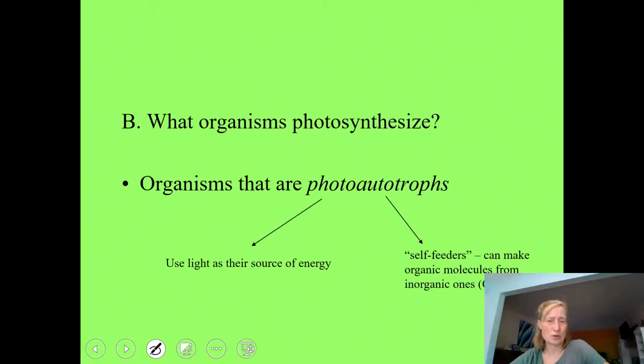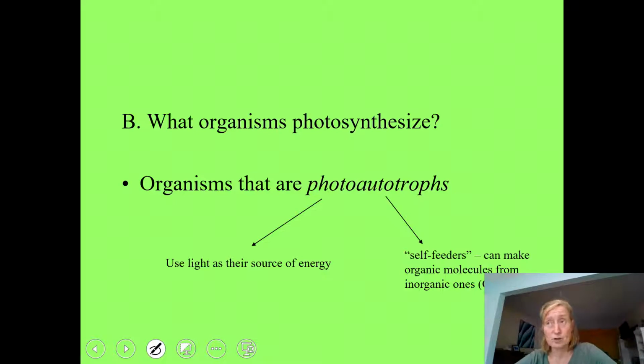So what kind of organisms photosynthesize? Well, organisms that photosynthesize are called photoautotrophs. This is kind of a two-part name. Organisms are phototrophs. Troph means to feed. Phototroph means that they're going to use light as their source of energy.